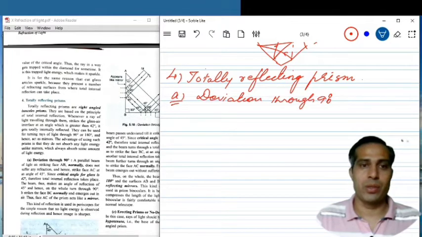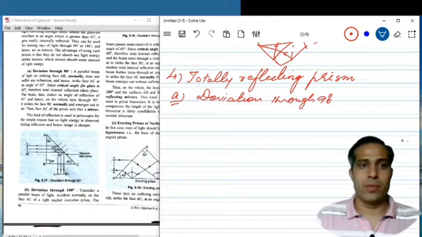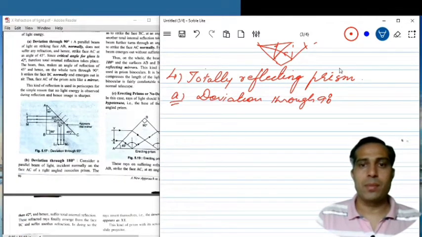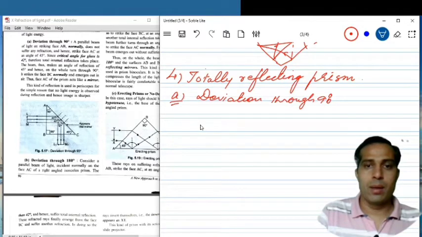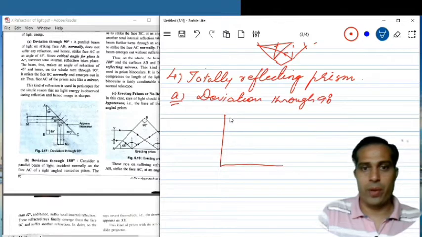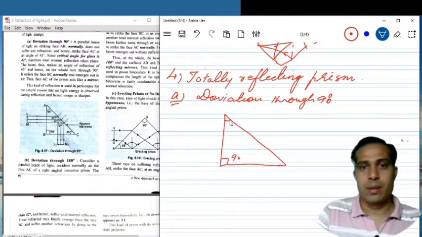How will this deviation take place? For this we will take the prism, it is a 90-45-45 prism. This is the angle 90, this is 45, and this is also 45.